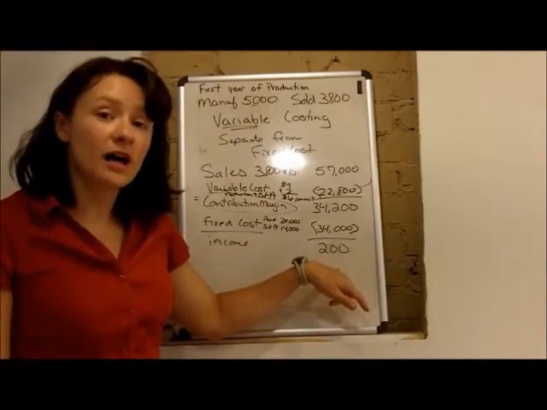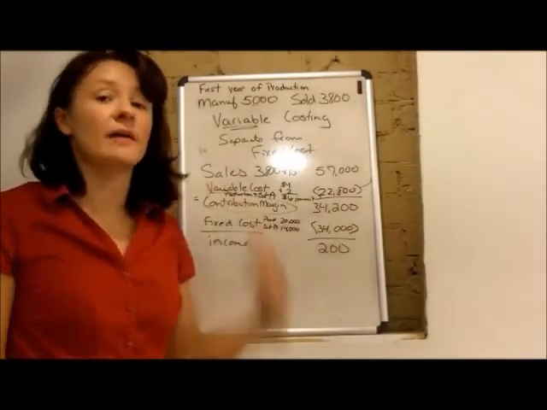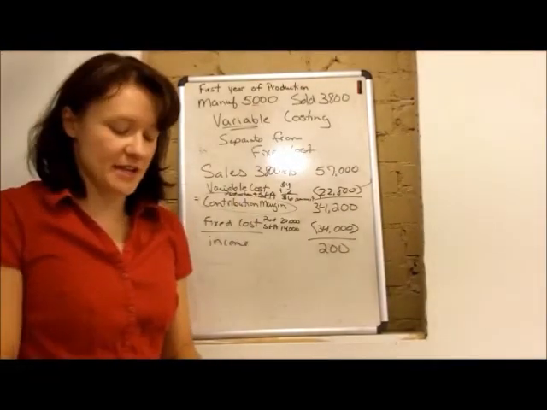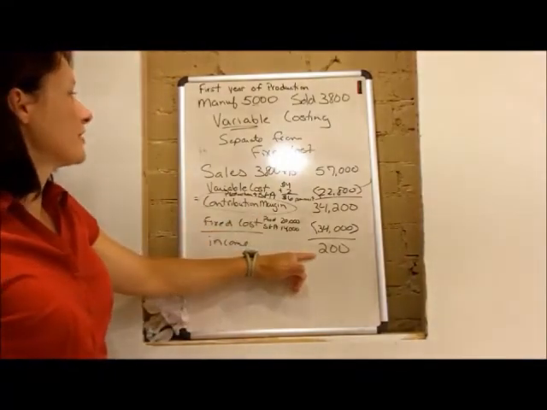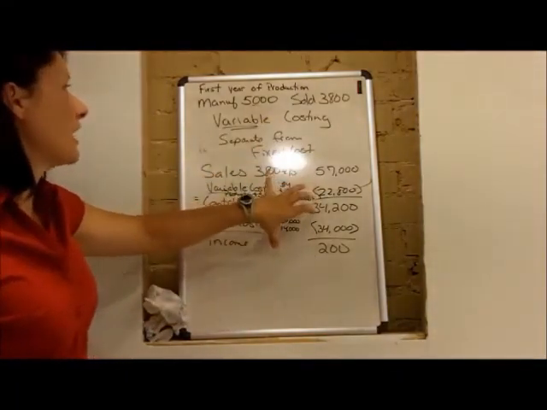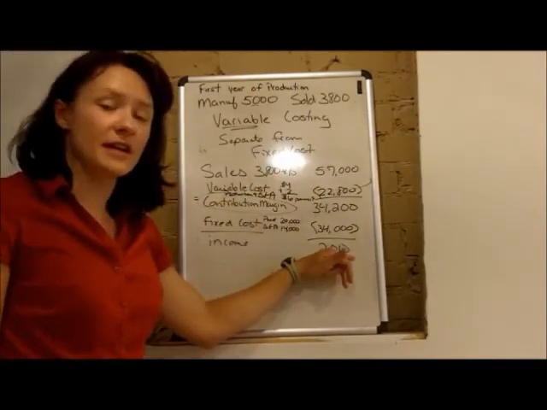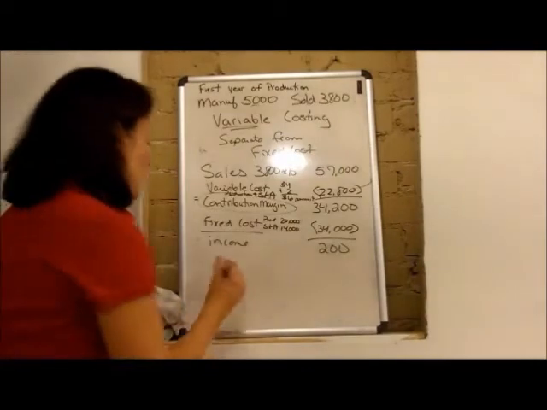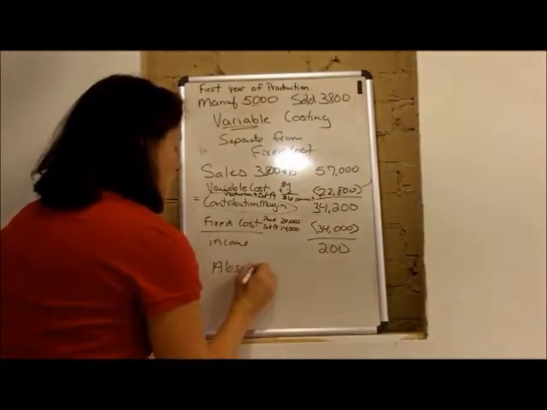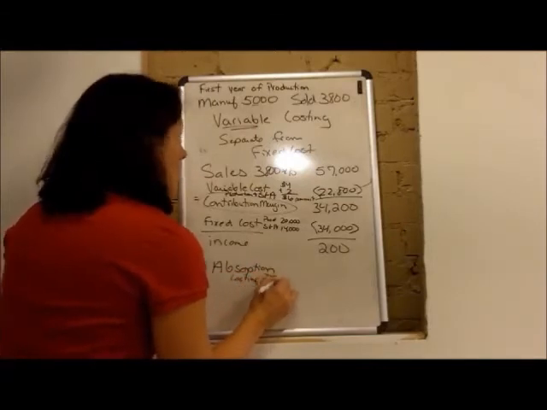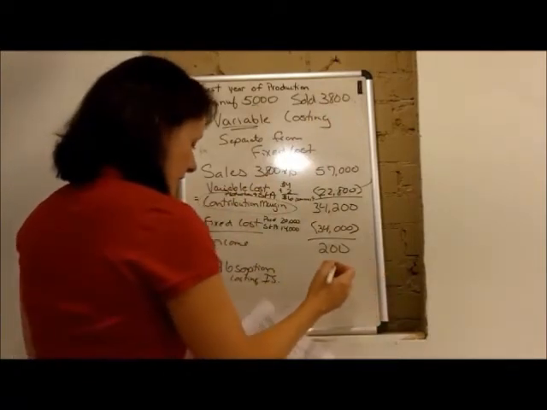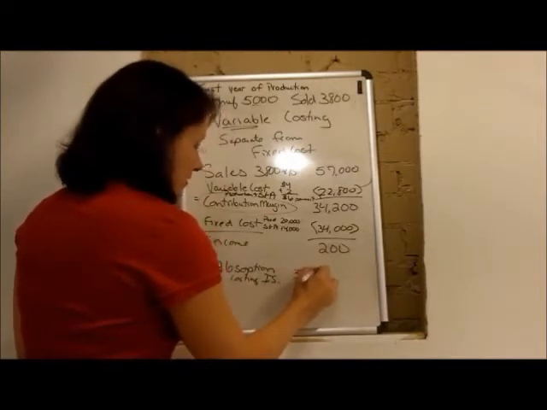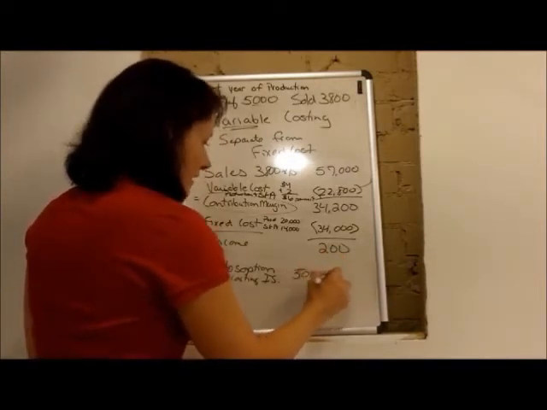The income under the variable costing income statement of $200 is the same as the absorption costing income statement when we produced and sold 3,800. So the difference between the variable costing statement, where the income is $200, and the absorption costing statement when we manufactured 5,000 units versus sold 3,800, where it was a $5,000 income.